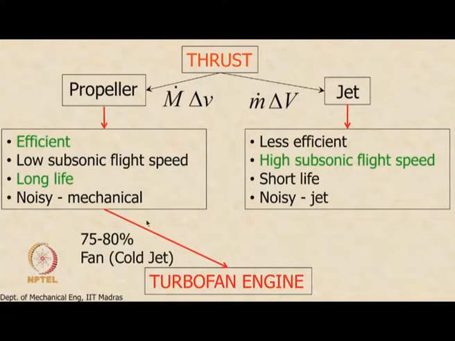The fan does that, and the remainder of the thrust, about 20 to 25%, comes from a high speed jet, which handles hot air. That is the idea behind the turbofan engine. We get to retain the advantages of the propeller and the efficiency of the jet, meaning this is very efficient and has a longer life, and it also allows high subsonic flight Mach numbers, cruise Mach numbers.